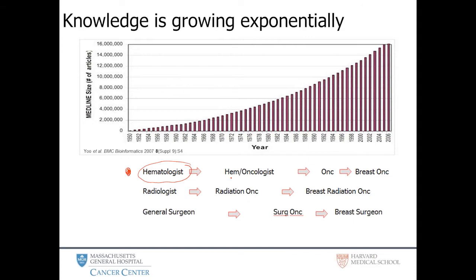But as more and more information began to accumulate, hematologist-oncologists became a new specialty. Hematologists became double-boarded both in hematology and in medical oncology. Over time, oncology became so much information to absorb and track that it became its own specialty.